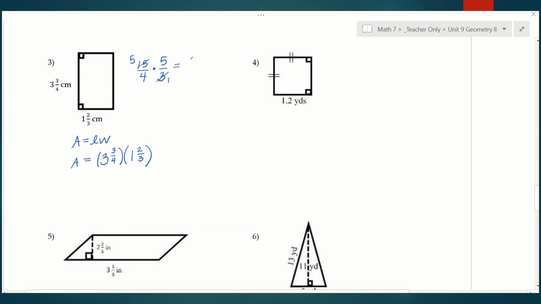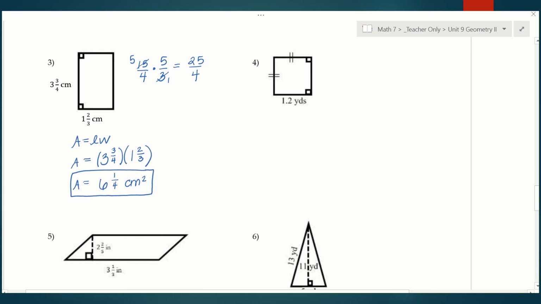And when I multiply straight across, I get 25 over 4. Okay, which I should make back into a mixed number. So 4 goes into 25 6 times, because 6 times 4 is 24, and that leaves 1 left over out of 4. And we'll label that centimeters squared.